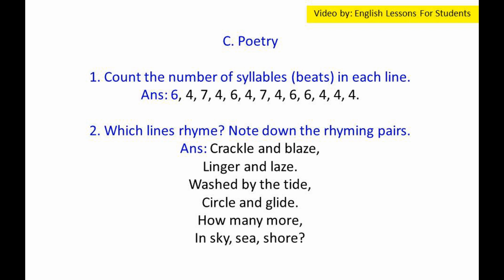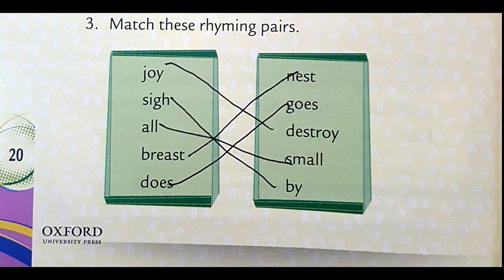Crackle and blaze, linger and laze, washed by the tide, circle and glide. How many more in sky, sea, shore? 3. Match these rhyming pairs. Answer. Joy, destroy; sly, by; all, small; breast, nest; does, goes.